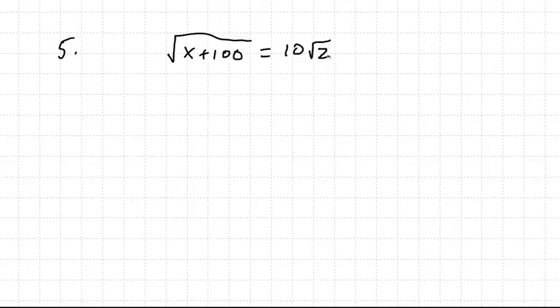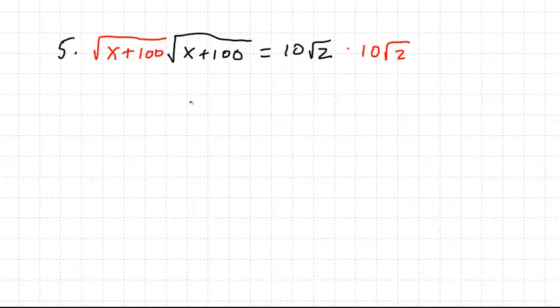Finally, for number 5, I have the square root of x plus 100 equals 10 root 2. Getting used to this by now, I'm going to multiply this side by 10 root 2. I'm going to multiply this side by root x plus 100.